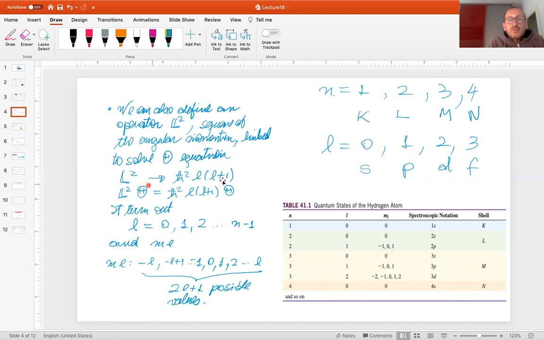This is sort of surprising because when we were looking at the particle in a box, given the boundary conditions of the particle in a box, we found out that the energy levels are quantized, meaning not any energy level is a valid solution for a certain well potential or an infinite well potential of a certain size.